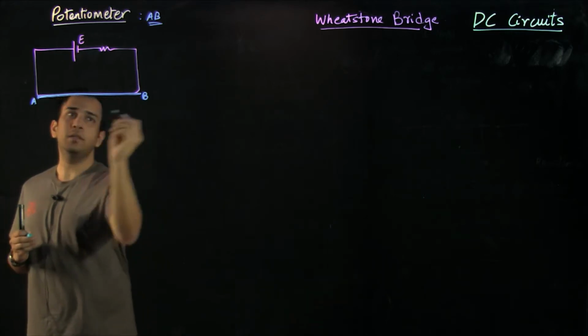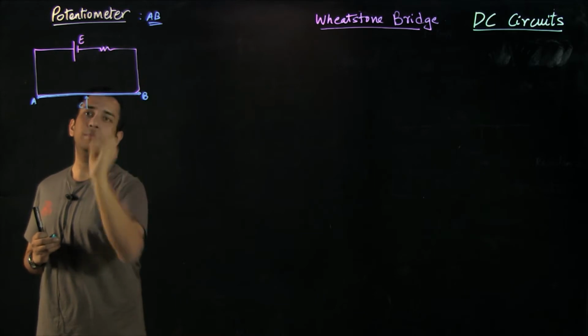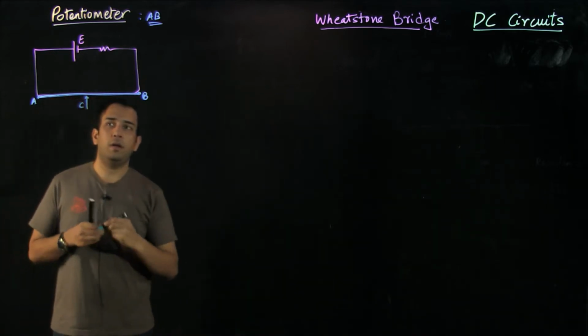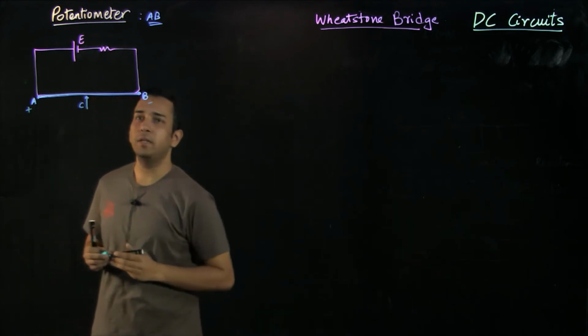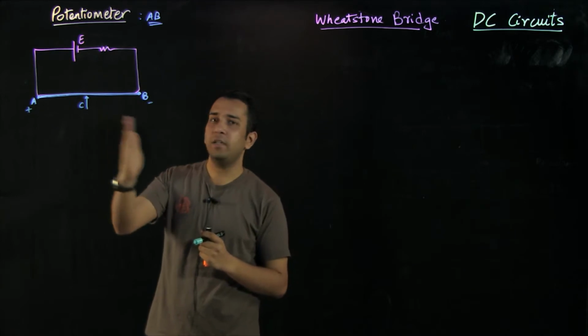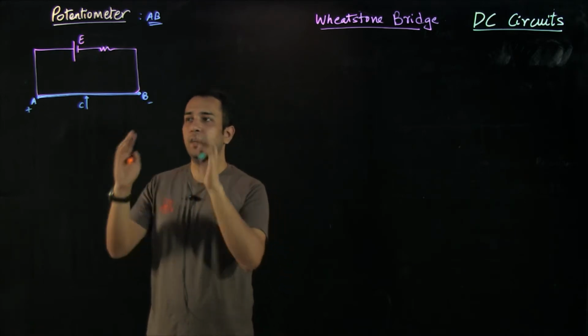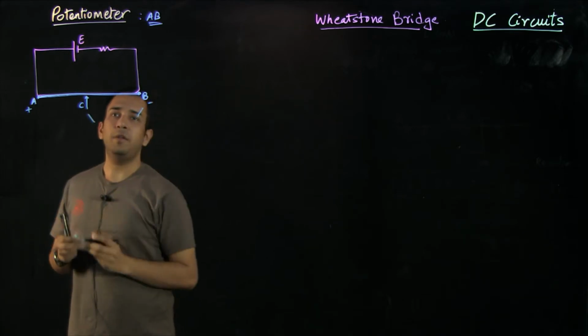One is A, one is B, and the third is C. So if A is at plus and B is at minus, then the point at which I am moving the pointer C defines the resistance between B and C.